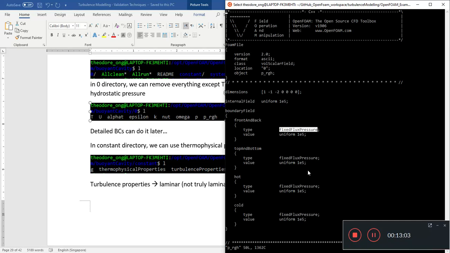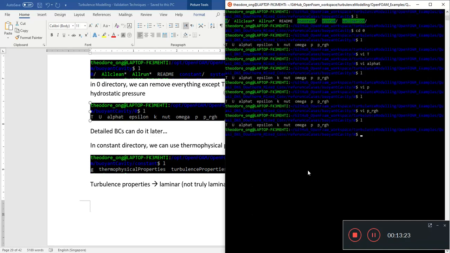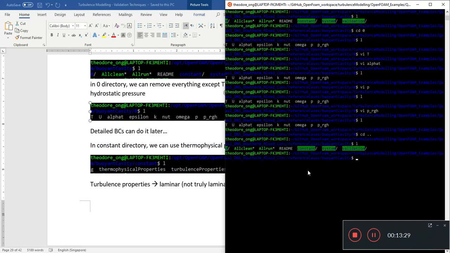But essentially, this is a zero gradient that gives OpenFOAM the capability to adapt for hydrostatic pressure and pressure variations, etc. This is what fixed flux pressure is, and that's what you can and should use for your boundary conditions. The rest of them are more or less the same.